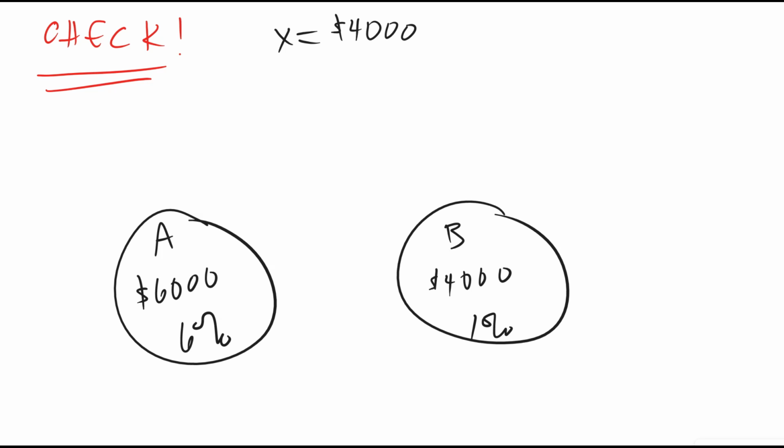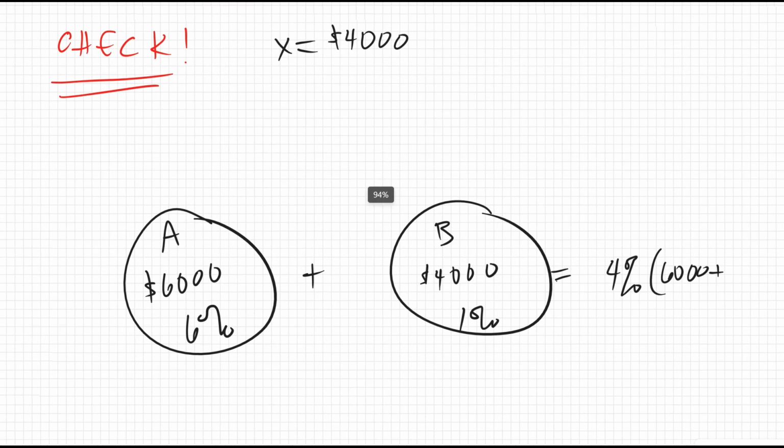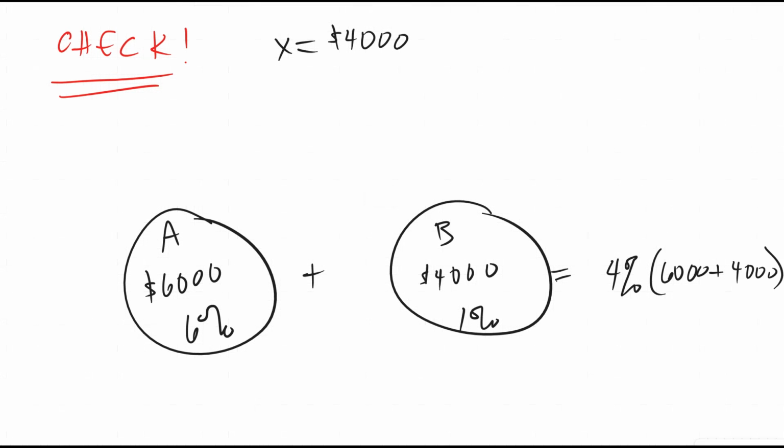Let's see if our equation holds that the profit from each should be 4% of 6,000 plus 4,000. So the amount from A plus the amount from B.